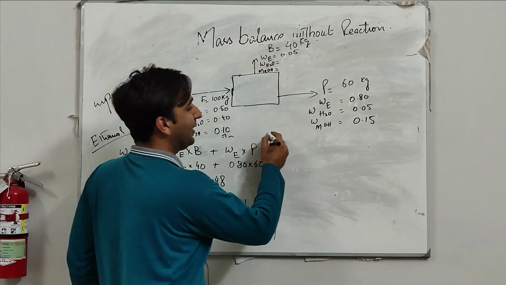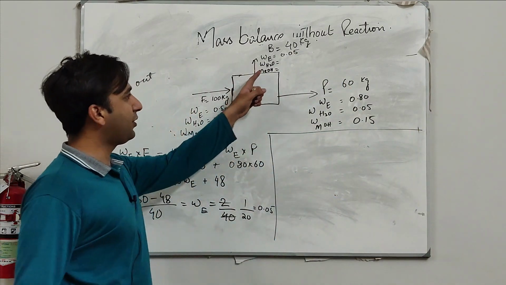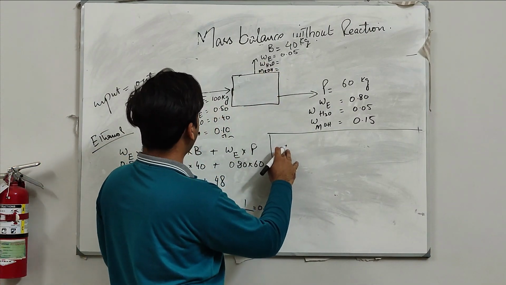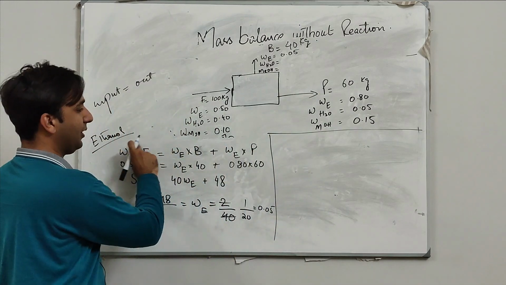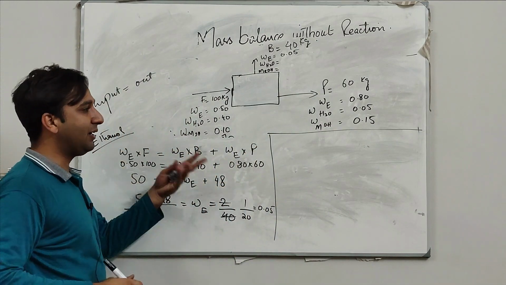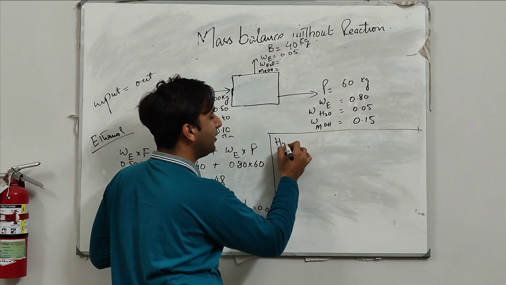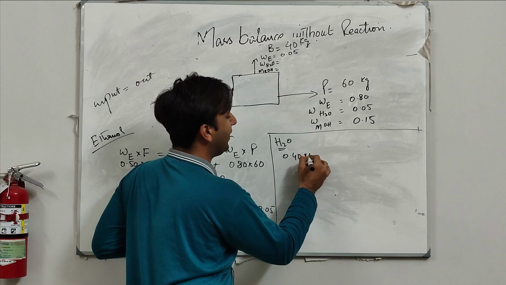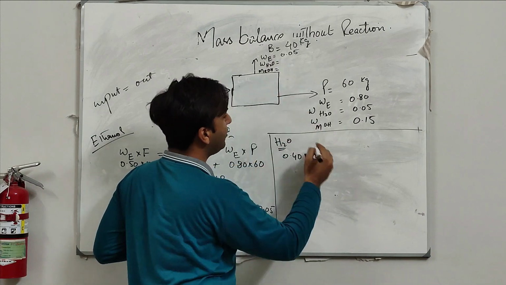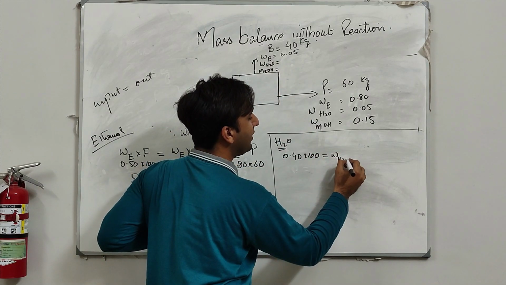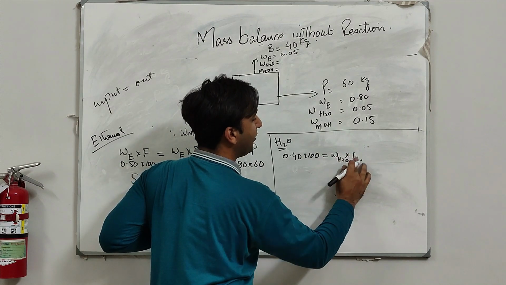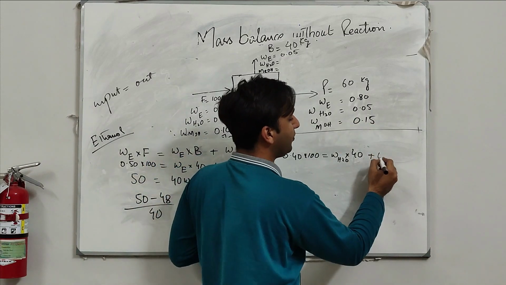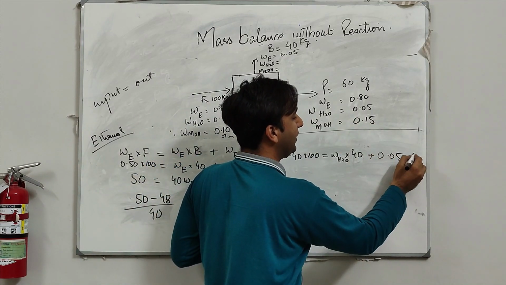Now we will apply another balance for water to find the weight fraction of water. I am not going to write the equation; I am directly going to write the values for water. 0.40 multiplied by 100 is equal to the unknown water fraction multiplied by 40 plus here water is 0.05 multiplied by 60.